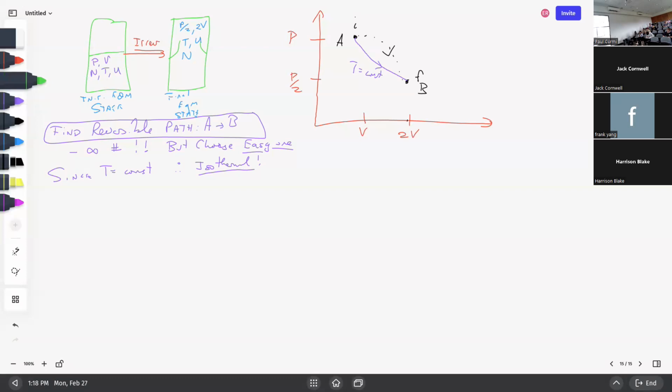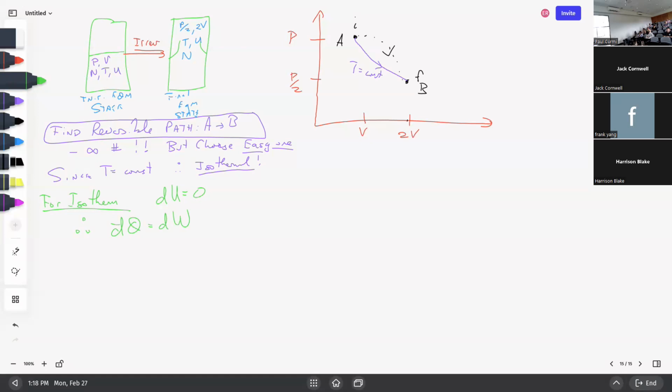So, for my isotherm, okay, and a monatomic ideal gas, I've got dU equals 0. Therefore, d bar q is equal to d bar w. Okay.